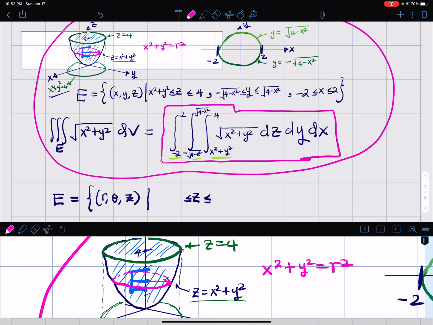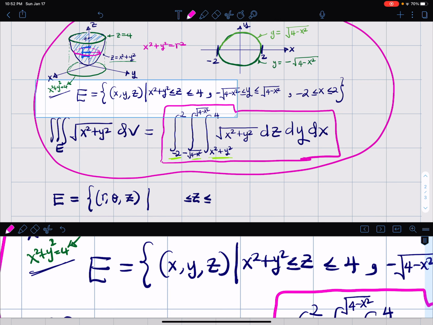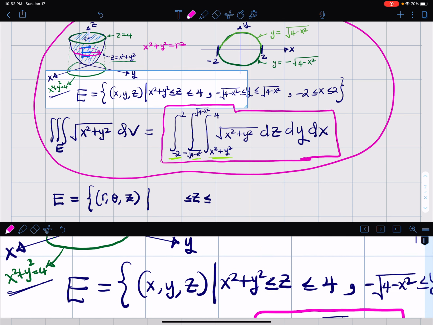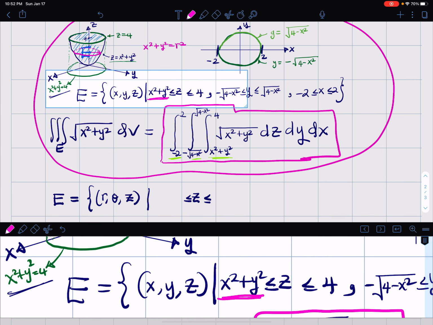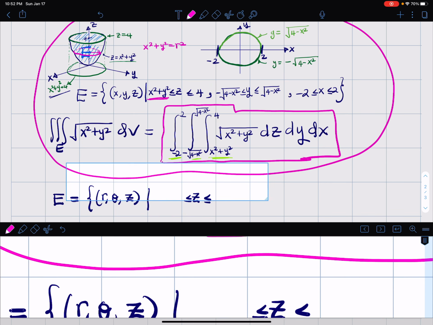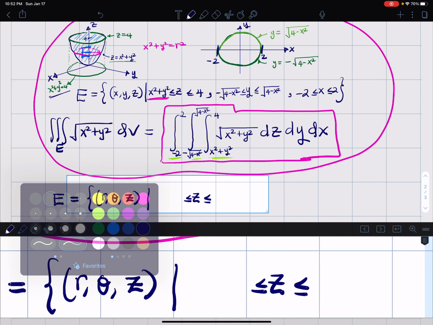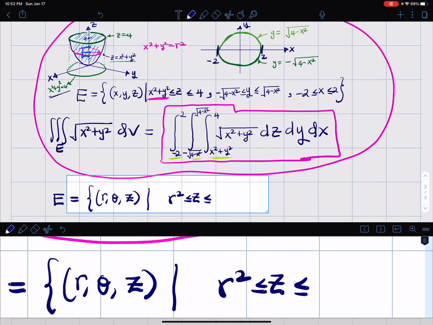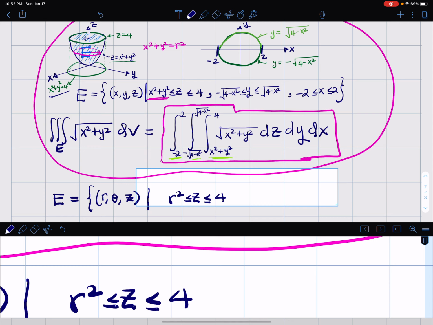So we're in polar coordinates and dealing with r. So x squared plus y squared is simply r squared, and z goes from r squared to 4.